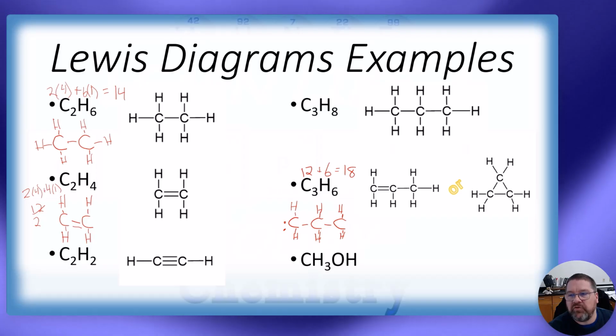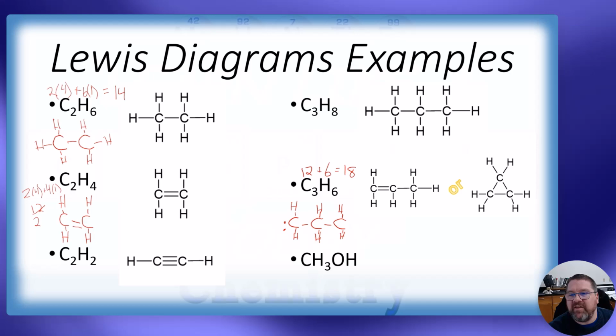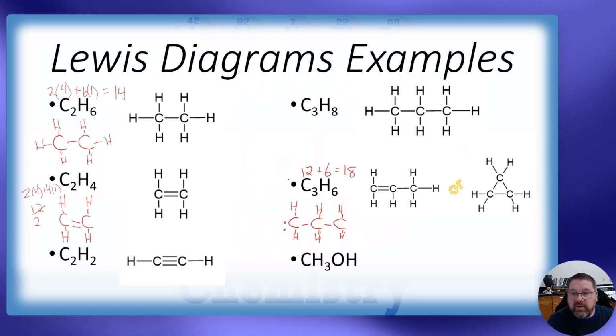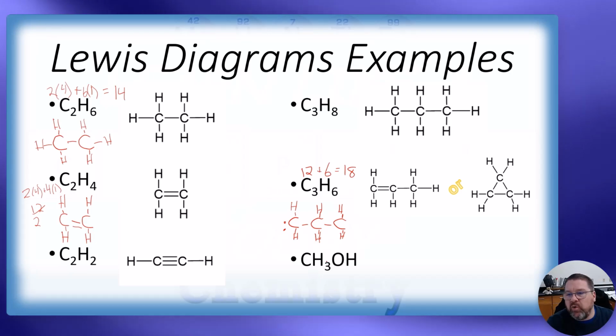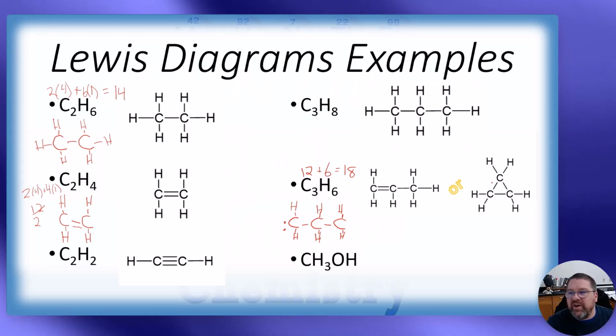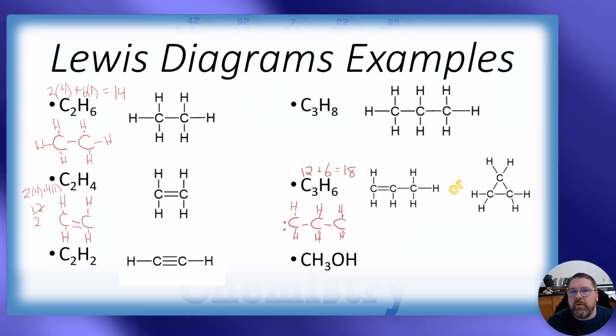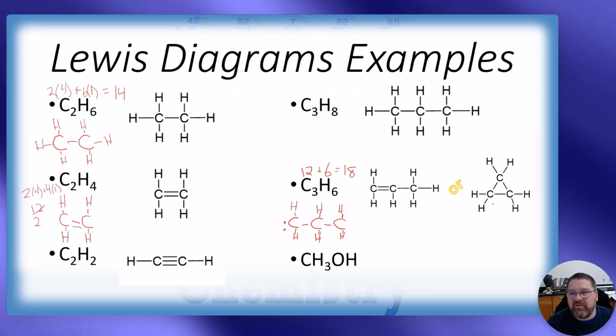So we could get the first structure that you see there, or the end carbon, where that lone pair is, can actually come around and form a bond to the other end carbon, creating a ring structure. And in doing so, each carbon now has its 8 valence electrons.